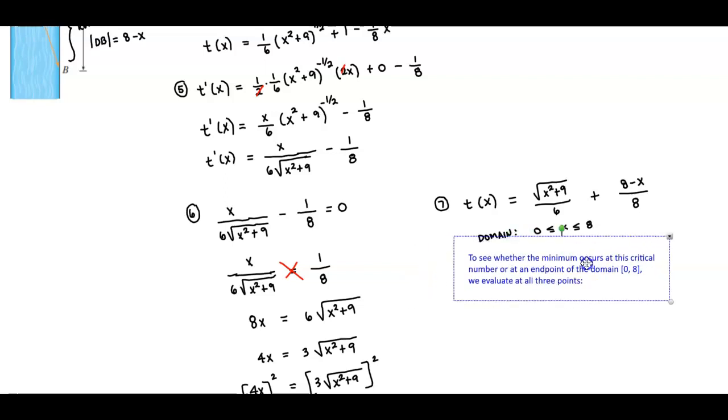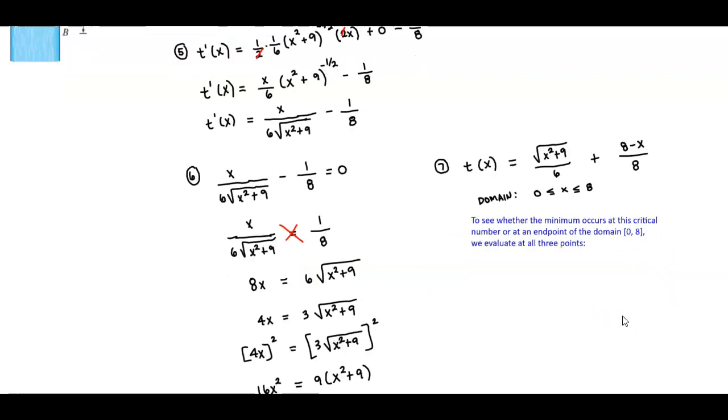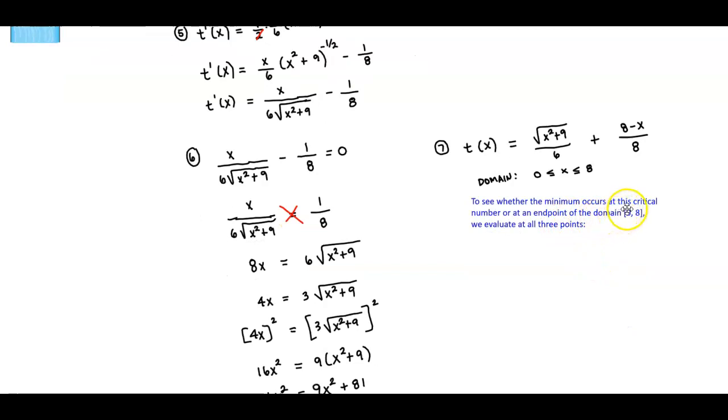So this only gives us 3 possibilities. To see whether the minimum occurs at this critical number or at the endpoints of the domain, 0 and 8, the values of x that we can pick are 0, the critical number of 3.4, and the value of 8.